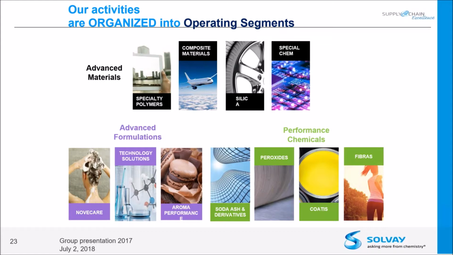So we are bringing a number of additives, a number of liquids in the shampoo that are giving specificities to the product. We have another business called Aroma that is producing vanilla aromas. So you see, again, we have a very large panel of businesses and products.